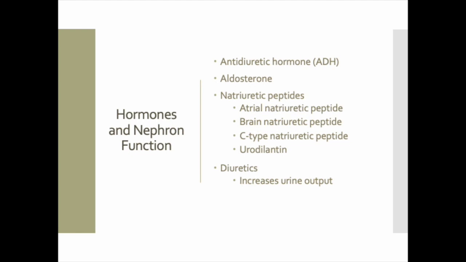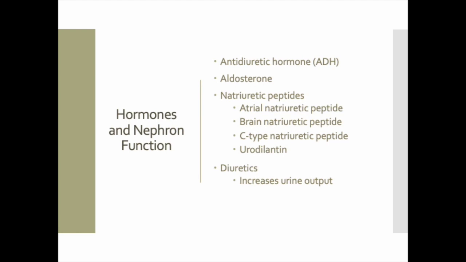It's a feedback mechanism. We also have a C-type natriuretic peptide, which is secreted by the vascular endothelium. C-type natriuretic peptide, or sometimes called CNP, causes vasodilation within the nephron and complements the action of ANP and BNP.